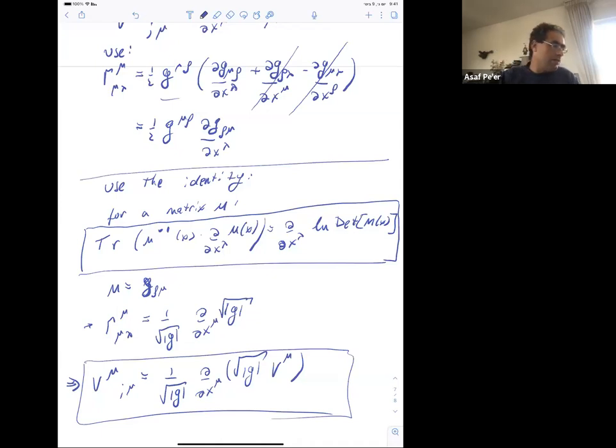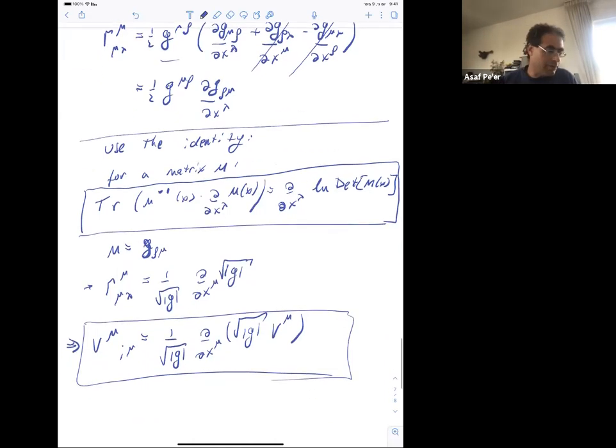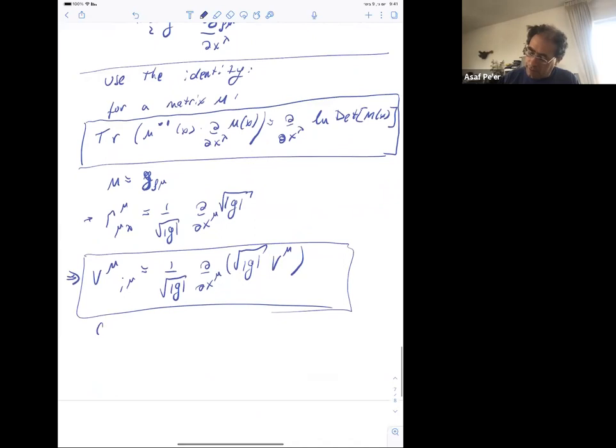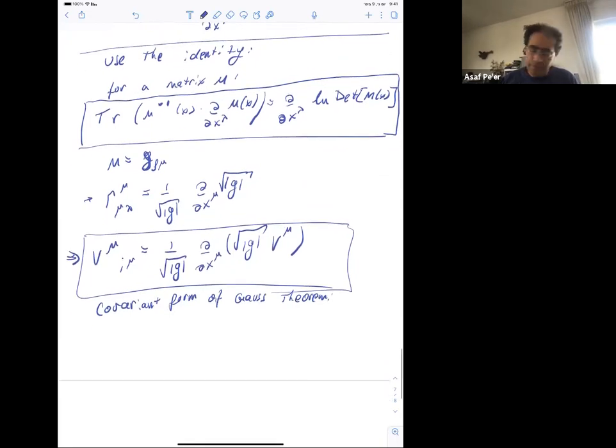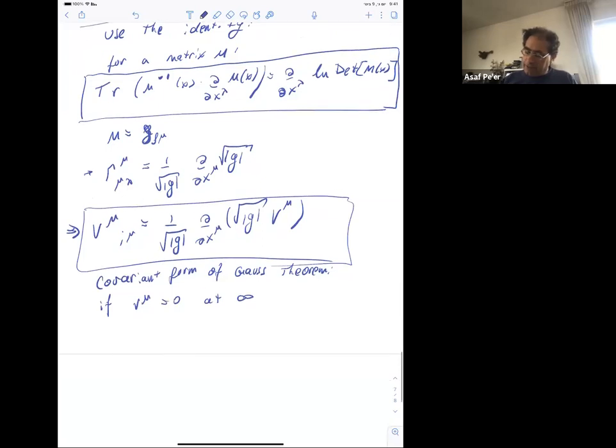Okay, and that also leads us to the covariant form of Gauss theorem. So for the covariant form of Gauss theorem, if V mu goes to 0 at infinity, then we have that the integral over space d4x square root of G V mu semicolon mu is equal to 0.